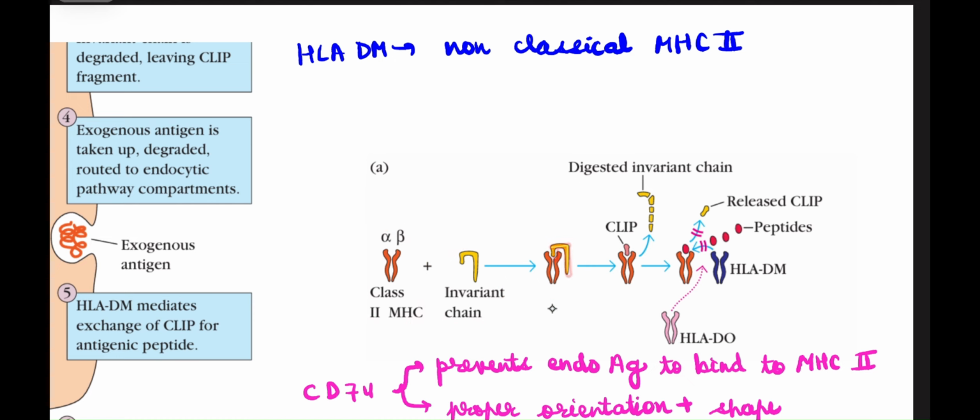The invariant chain was bound to this until the HLA-DM molecule comes. The HLA-DM molecule is basically trying to remove the CLIP and help the peptide to attach to the cleft of MHC2. So this is a very important thing which you need to know. And this HLA-DM is a non-classical MHC2. Like we talked about the non-classical MHC1 also, this is non-classical MHC2.